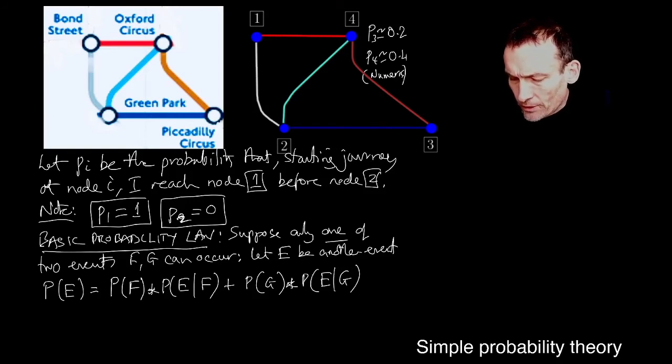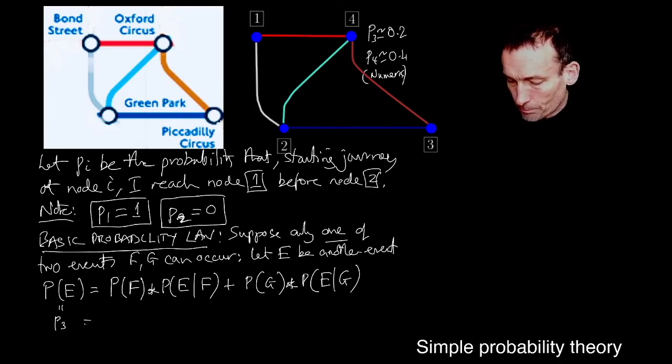Okay, so let's think about P3, which is the probability of reaching Bond Street before Green Park, starting at node 3, which is Piccadilly Circus. Now if I'm at Piccadilly Circus, I go on the journey, but there's only 2 things that can happen. I can either go to Green Park or to Oxford Circus, and I do each of those things with equal probability, a half.